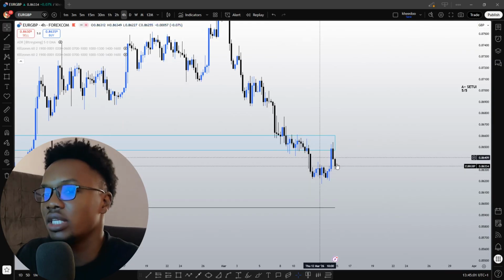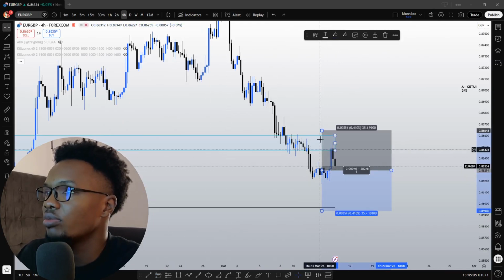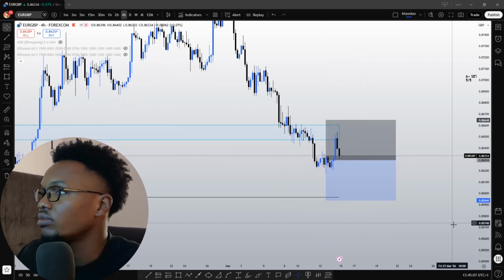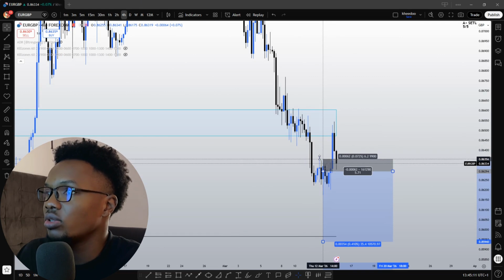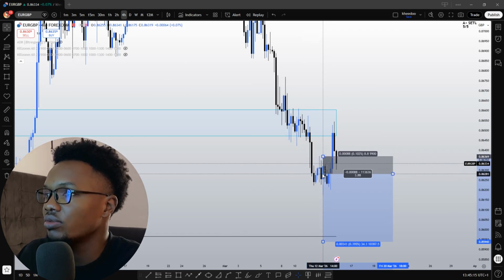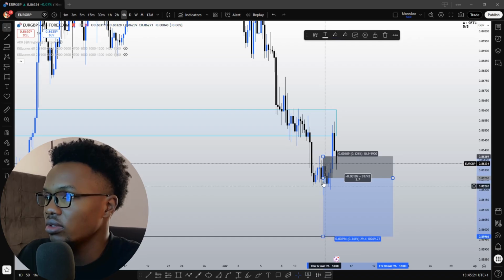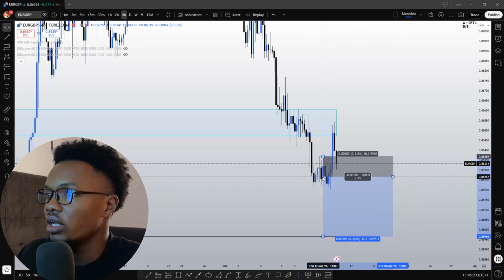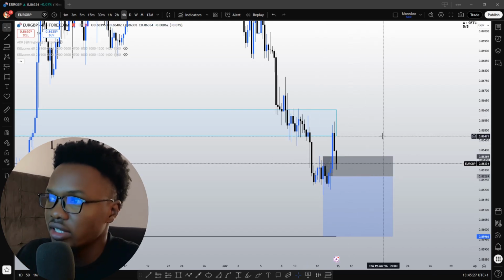If you all can remember, this was my position on EURGBP. I think I entered somewhere around here. My stop loss was around here. Yeah, so I closed EURGBP earlier than I was supposed to.